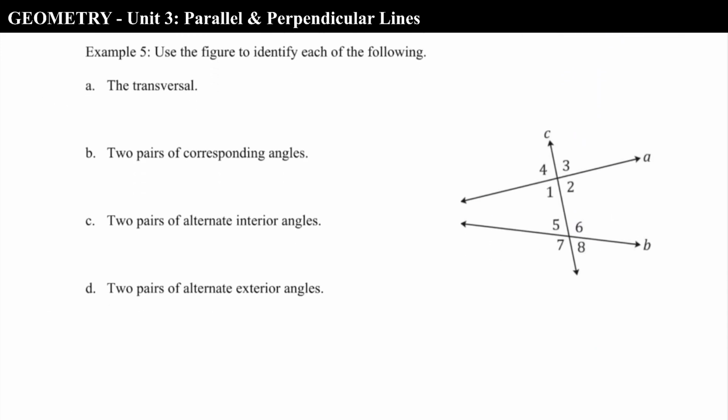So example 5. We're going to use the figure to identify each of the following. First of all, which one's the transversal? Well, that one would be the one that cuts through the other two lines. So that would be line C. Two pairs of corresponding angles. So we could do 4 and 5. We can do 3 and 6.